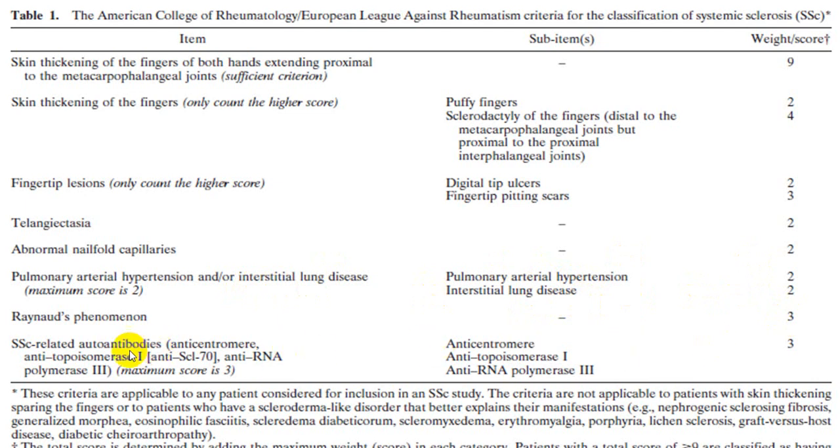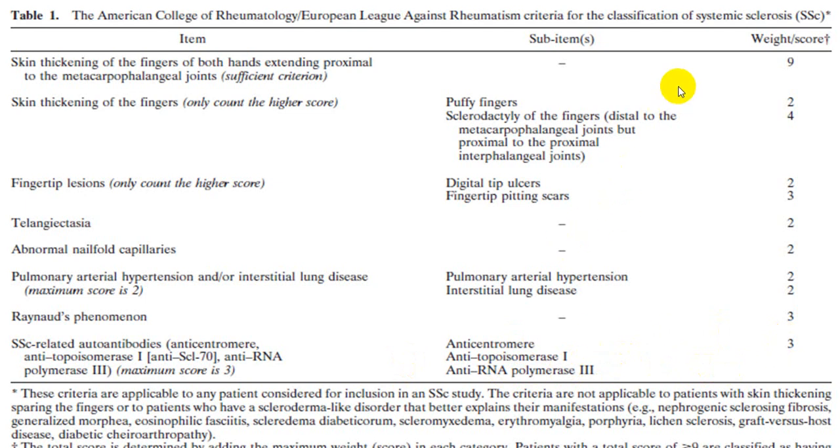And laboratory parameter wise, anti-Scl-70 antibody, anti-RNA polymerase antibody and anti-centromere antibody. So these three are the common tests. If anti-centromere antibody is positive, 3 points. Anti-Scl-70, 3 points. RNA polymerase, 3 points.